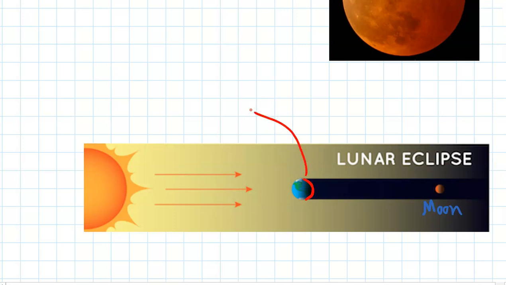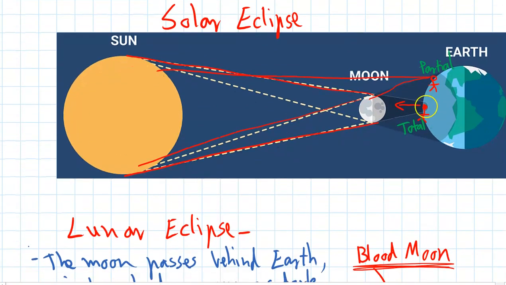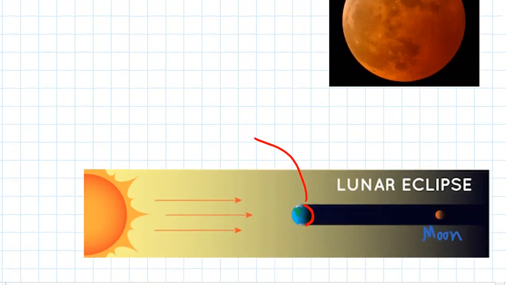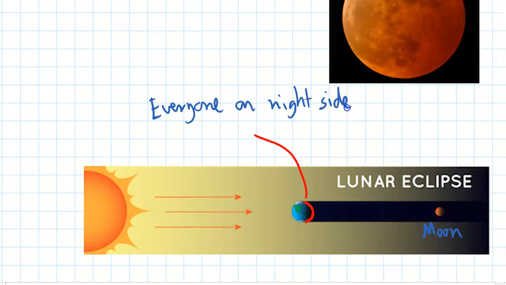So that's why lunar eclipses are more common, because everyone on that side of the Earth will see the blood moon. But remember, with solar eclipses, you need to be exactly in the right place to see that total eclipse.